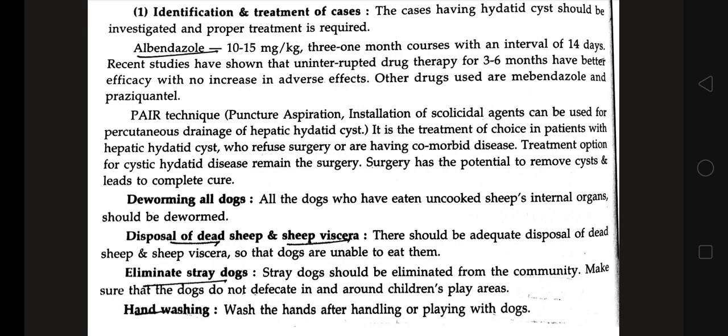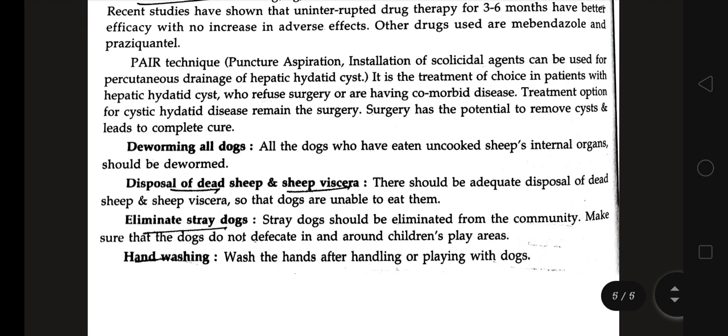The treatment option for cystic hydatid disease remains surgery. Surgery has the potential to remove the cyst and lead to complete cure. If you are not agreeing to surgery, then you can go for the PAIR technique.